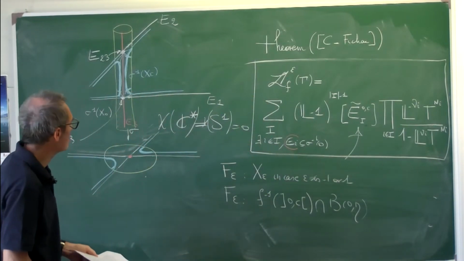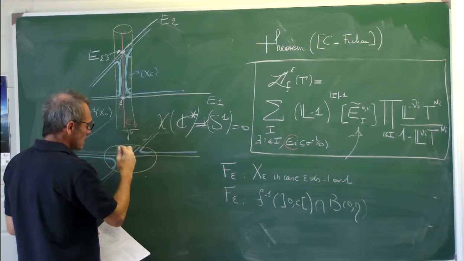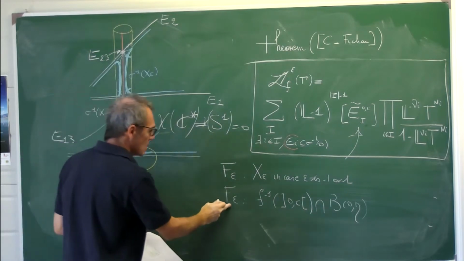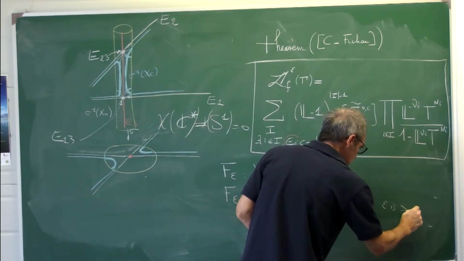So instead of taking the preimage of the hyperbola, I take the image of all hyperbolas now. Okay, so this is in case epsilon is.